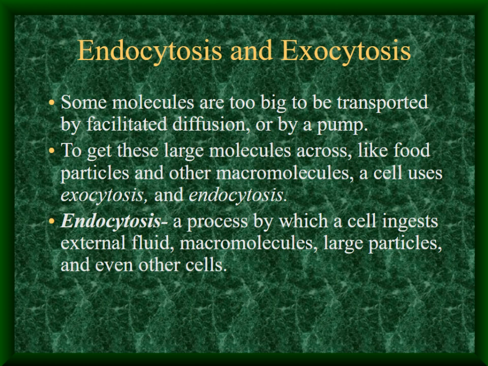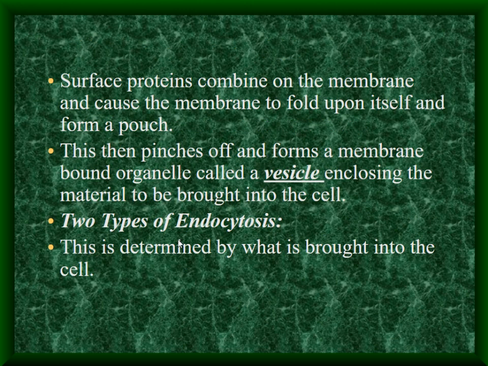Endocytosis is a process in which a cell ingests external fluid, macromolecules, large particles, and other cells. The surface proteins can bind on the membrane, causing the membrane to fold up upon itself and form a pouch. Then it pinches off, forming a membrane-bound organelle called a vesicle, enclosing material that is brought into the cell.